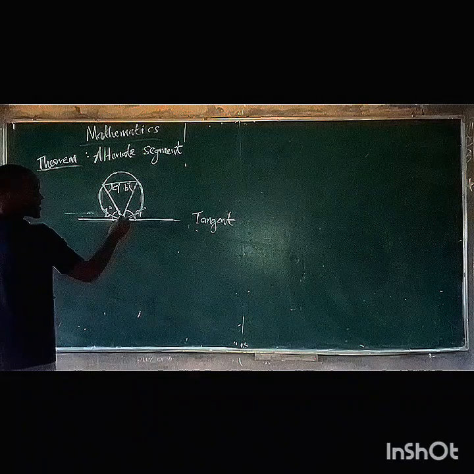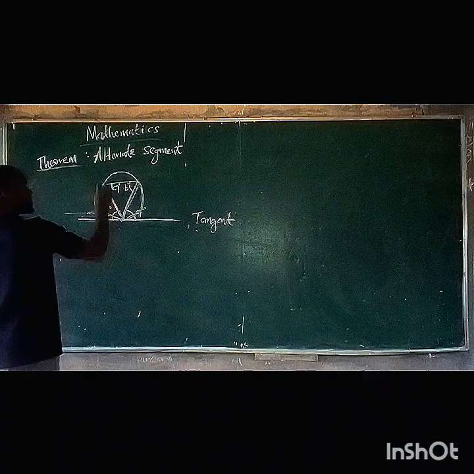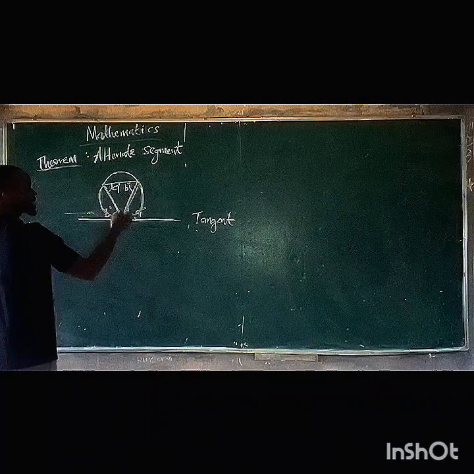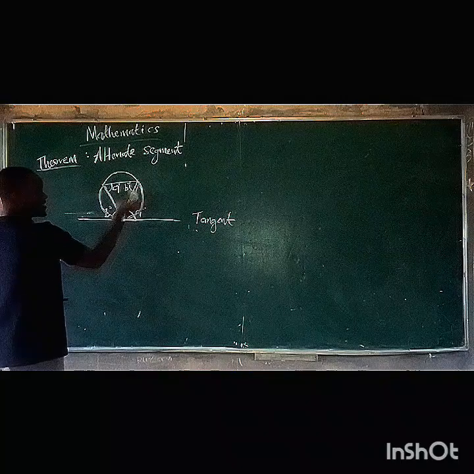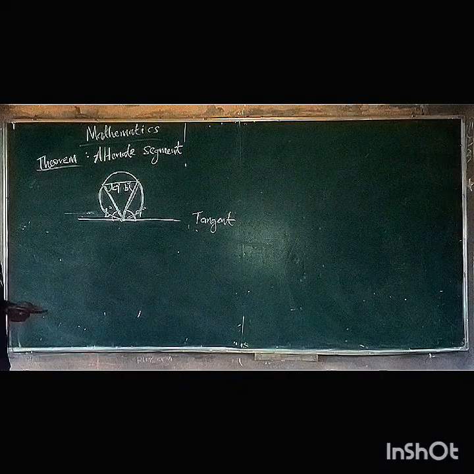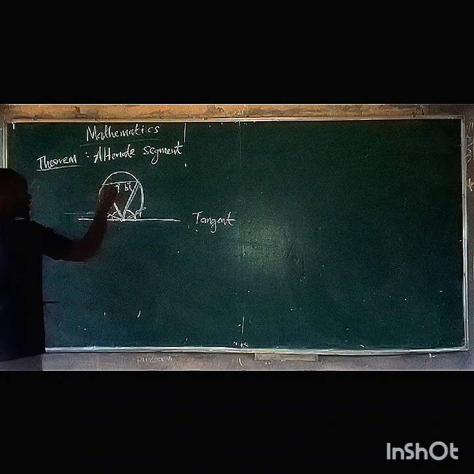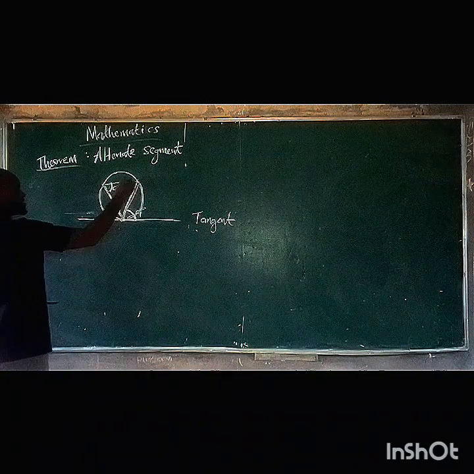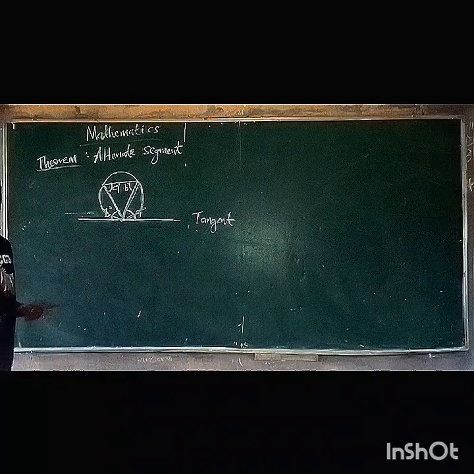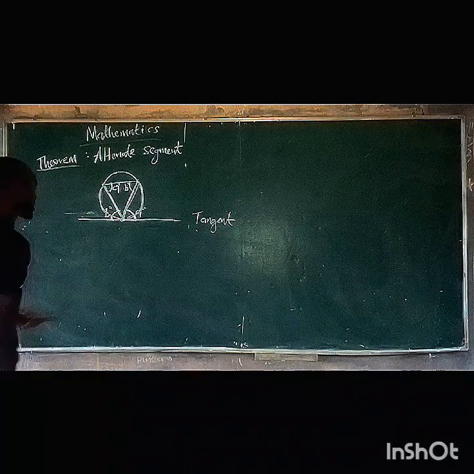Because both segments are created from the same tangent, they are alternate to each other. When I say alternate to each other, the angle here is equal to the angle here, and the angle here is equal to the angle here. Of course, we still remember alternate angles and corresponding angles. This is the alternate segment theorem.